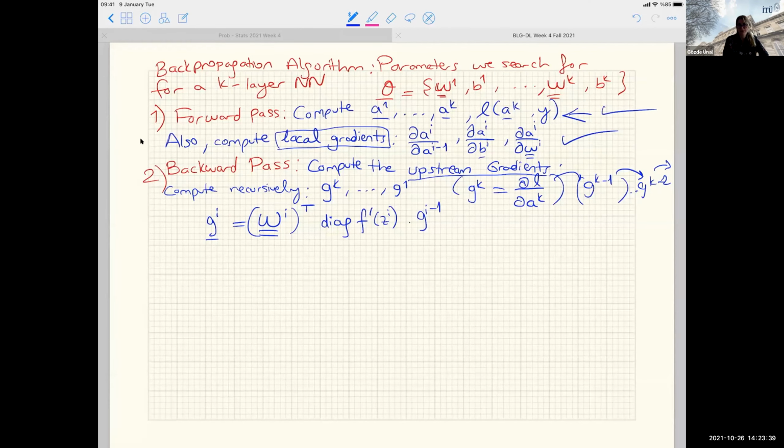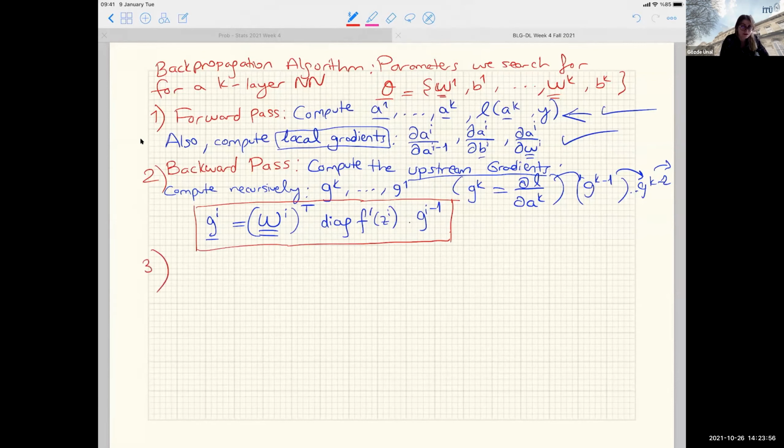Okay? This is it. So this is the computation of recursively my upstream gradients.